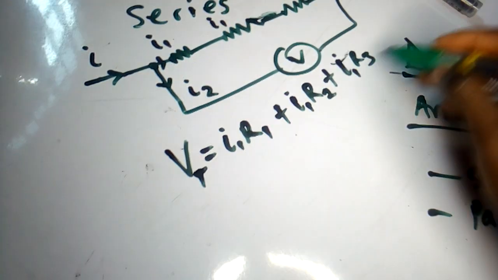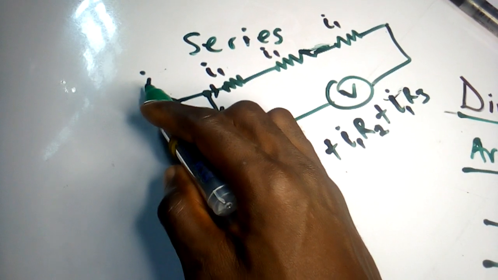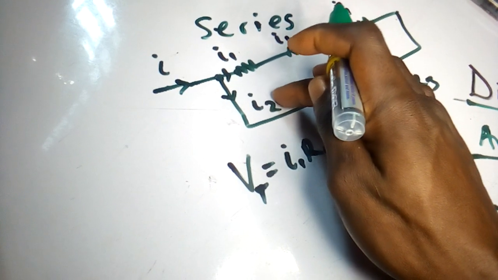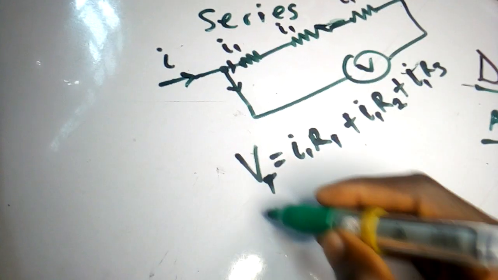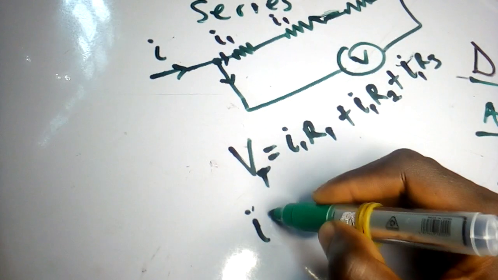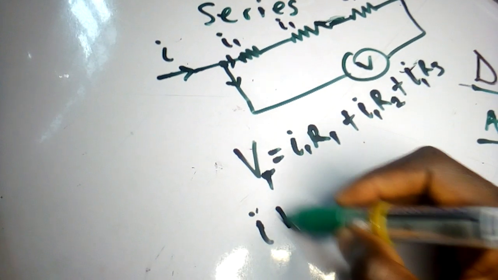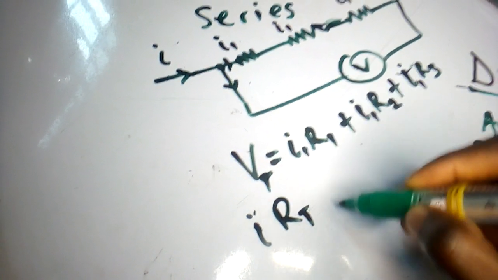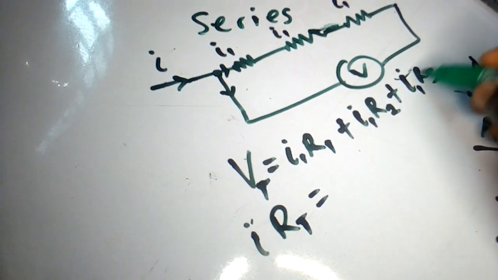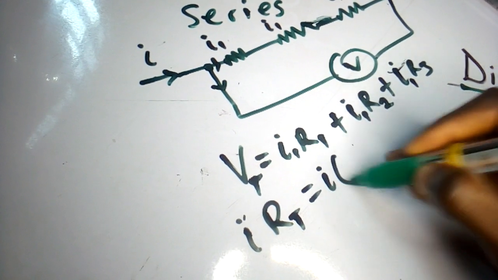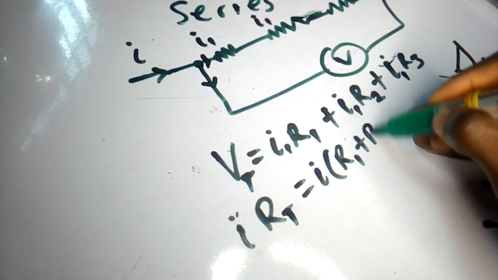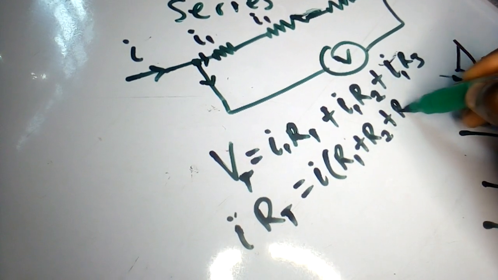Don't forget, the sum of all the currents must be equal to I. So we can just make this I, then the total resistance in the circuit, R, is going to be, let's factorize this, I into R1 plus R2 plus R3.